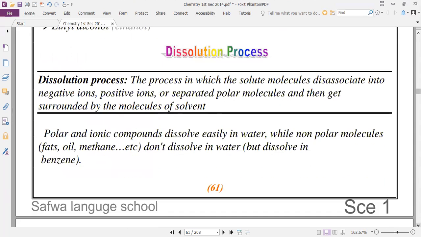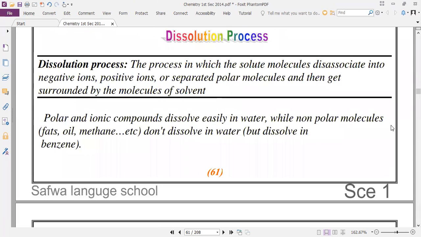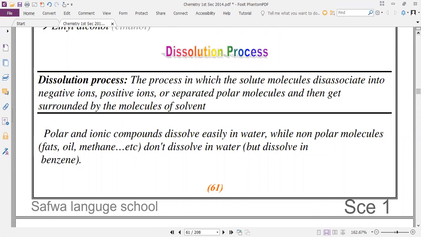After that, this is called dissolution. What about dissolution? The dissolution process is a process in which solute molecules dissociate into negative ions and positive ions, or separated polar molecules, and then get surrounded by molecules of solvent.